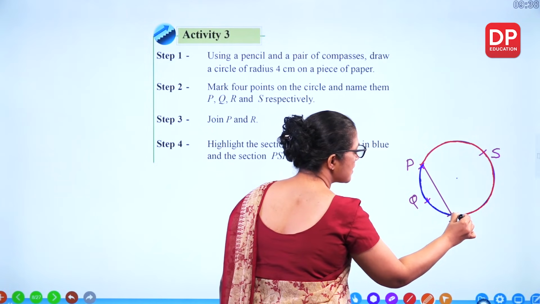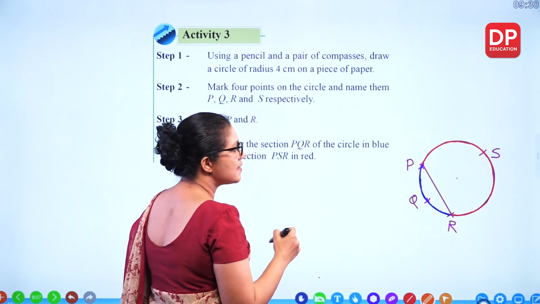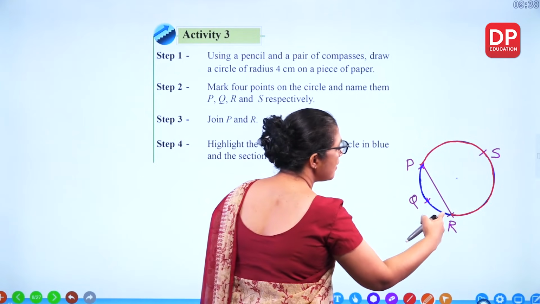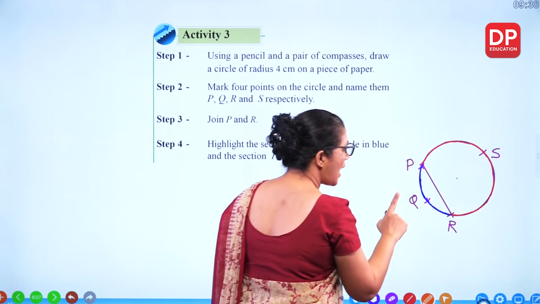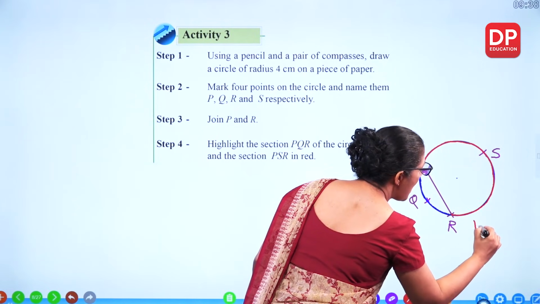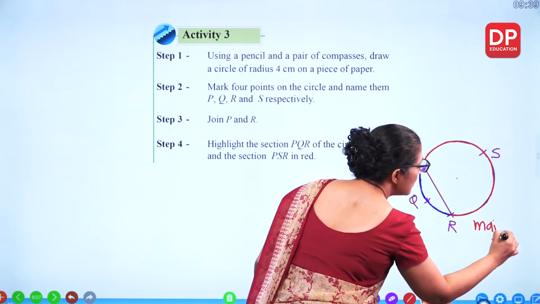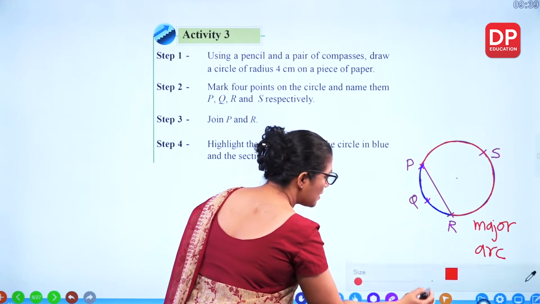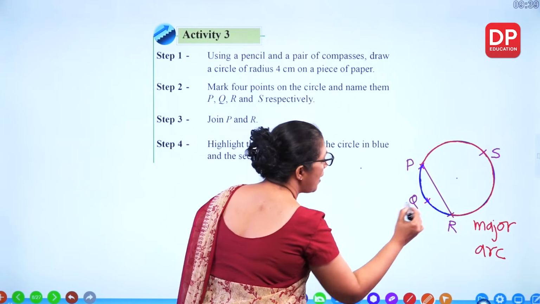What do you call this? We say these are arcs. The smaller one, we say minor arc. The bigger one, we say major arc. So this is the minor arc.